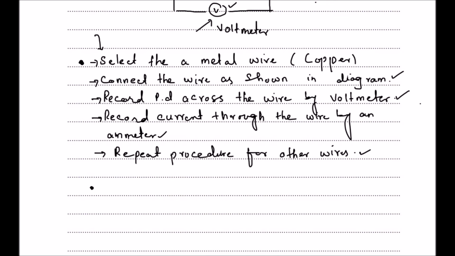That means the same length of copper, aluminium or silver wire is required. Second point you can discuss, all wires have the same thickness or diameter or cross-sectional area.